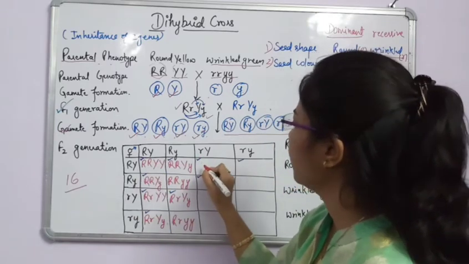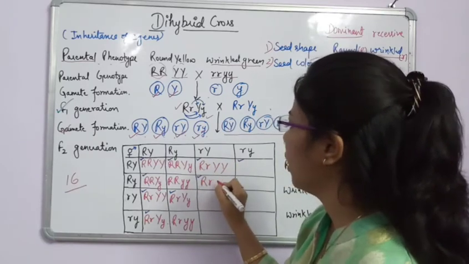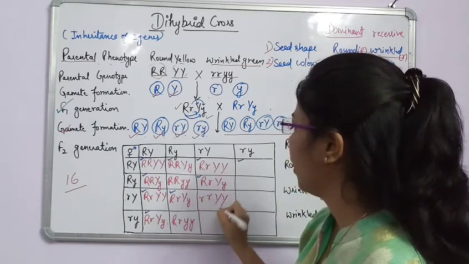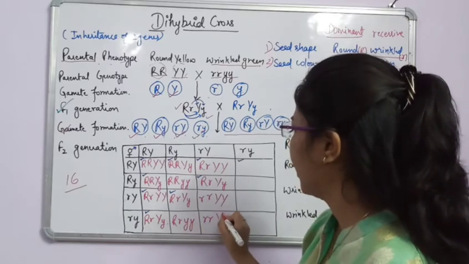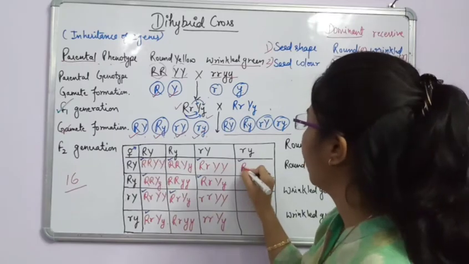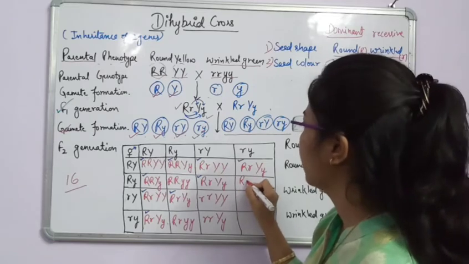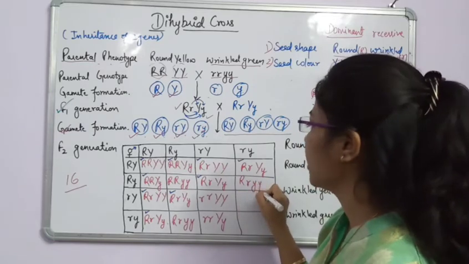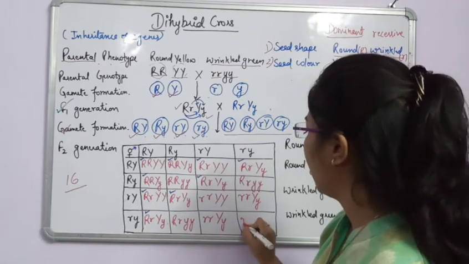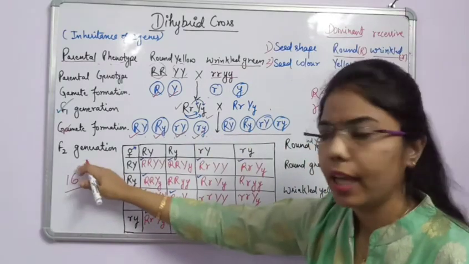Now the third time, capital R, small r, capital Y, R, small r, capital Y, small y, R and Y, then R, Y and Y. Here also, capital R, small r, capital Y, small y, then capital R, small y, R, capital Y, small y, then R, Y. So these are the 16 crosses which will form in the F2 generation.